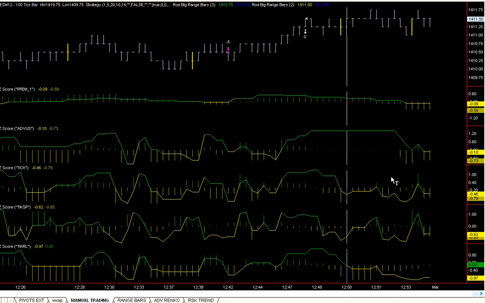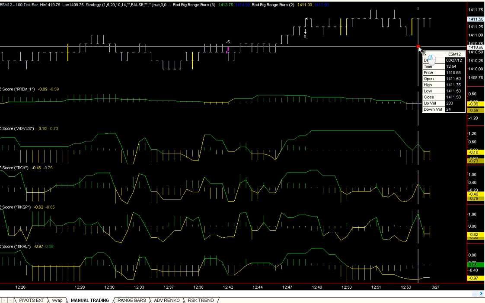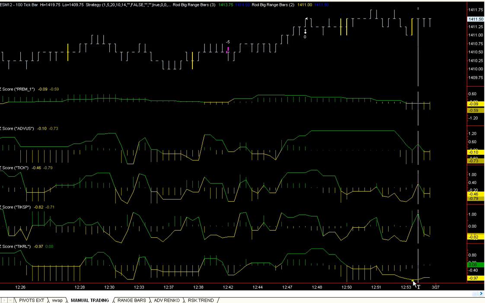I think we have more to go. Yeah, look at that. You're at 1411.75, and on the tick of the Russell, you're way below the zero line. Okay. Shouldn't be that far below. That would be very dangerous to take a short trade right here.